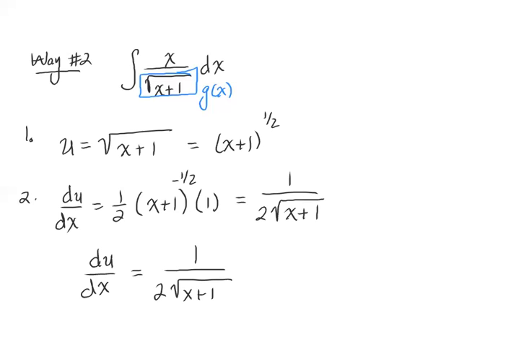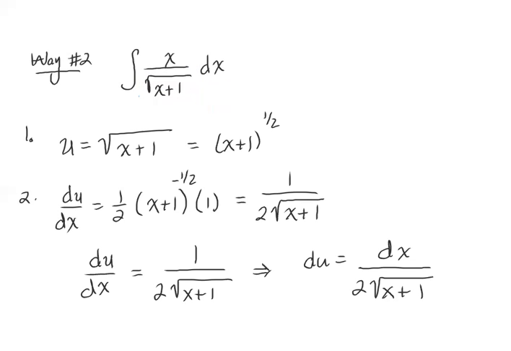Maybe I'll multiply dx by both sides, and I get that du is equal to dx over 2 times the square root of x plus 1. So I've got that. Now I'm going to try to substitute. Let's look up above. I can rewrite this integrand as follows.